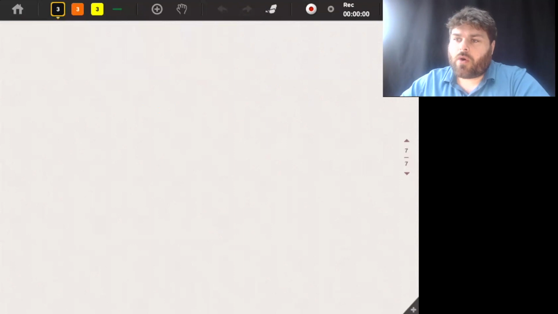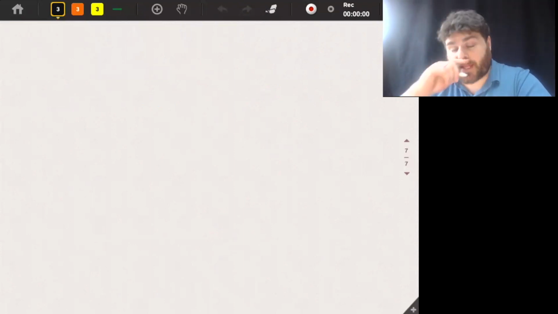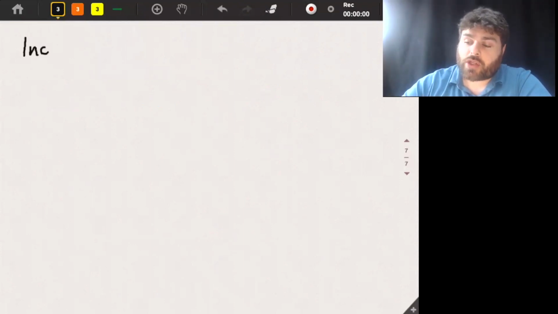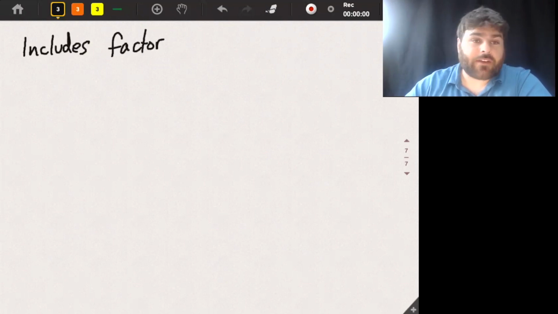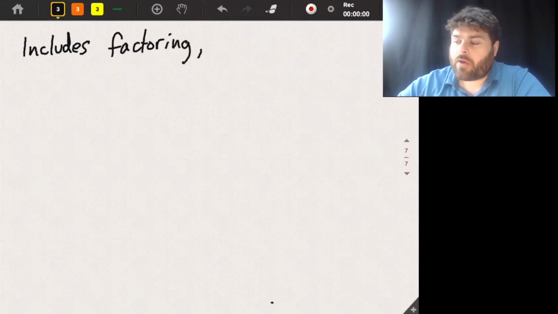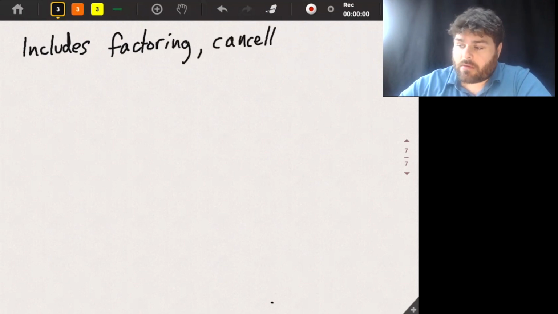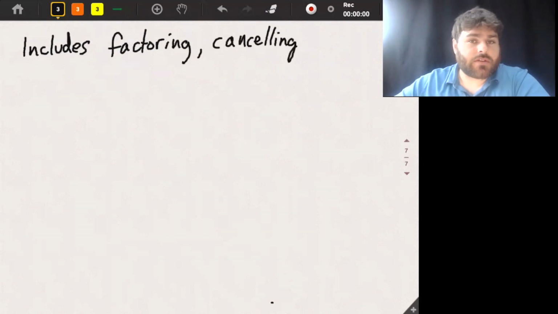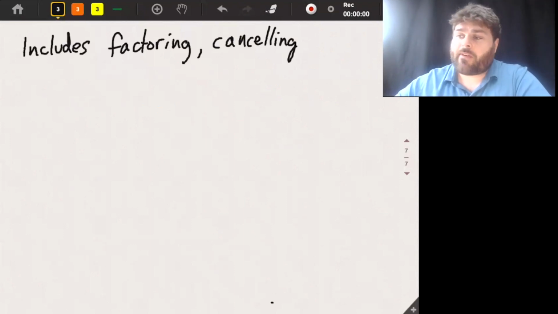All right, so simplifying expressions could be lots of things. Some things that it includes would be factoring. When we factor, we are simplifying, we're rewriting it in a different way. Canceling, right? When you cancel like a fraction's numerator and denominator, the top and the bottom, that's considered simplifying.